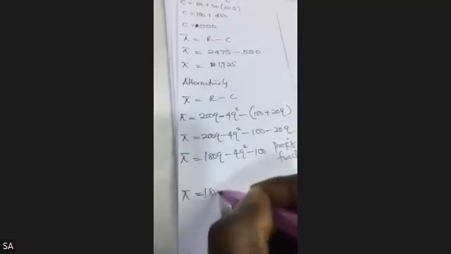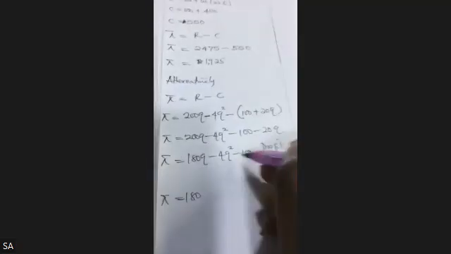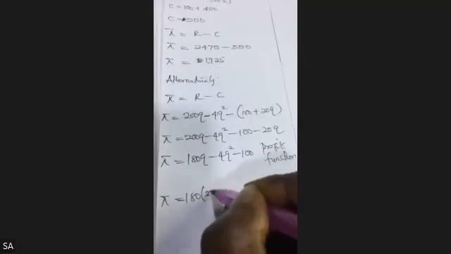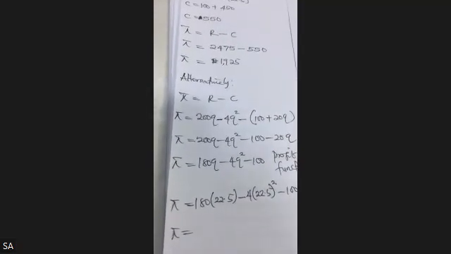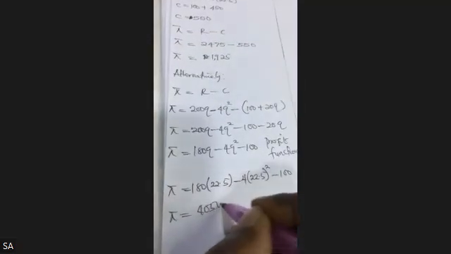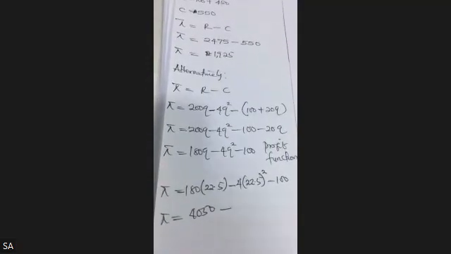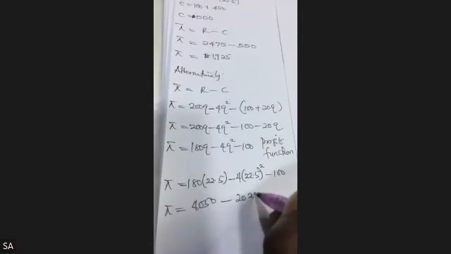From here, you now substitute. So this is 180 times 22.5, minus 4 times 22.5 raised to power 2, minus 100. Let's see whether we get the same answer. 180 multiplied by 22.5 gives us 4050. 22.5 squared times 4 gives us 2025.